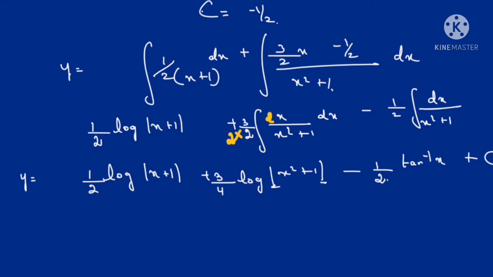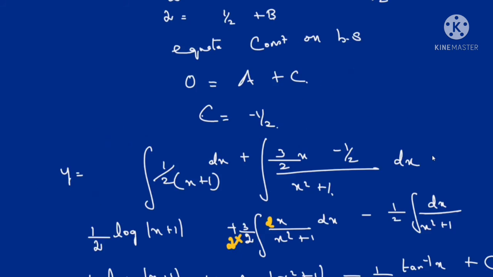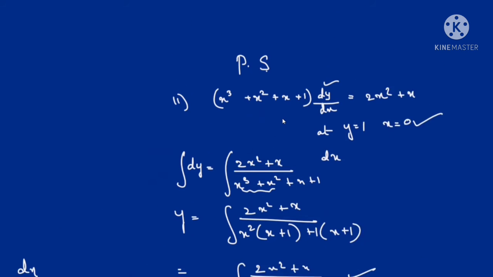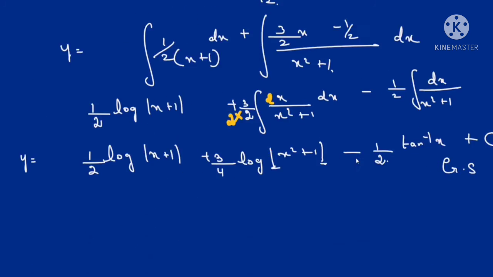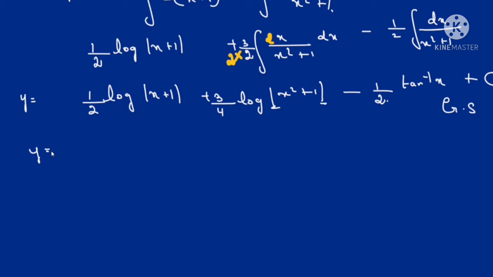Now this is what we got. We have to find the constant c because this is only a general solution. The question is to find the particular solution. So what is the condition given? Y is 1, x is 0. So put y is 1 and x is 0.